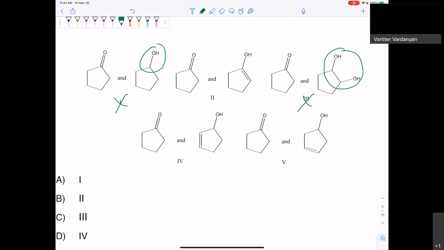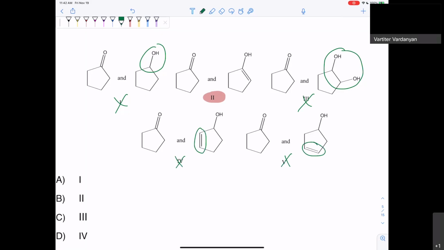So it is going to be two, and the reason it's two and not 4 or 5 is because for an enol, the double bond has to be going from the carbonyl carbon to the alpha carbon, or in this case, we just look at it this way, the alcohol carbon to the next door carbon. This one's too far away, this one's too far away.